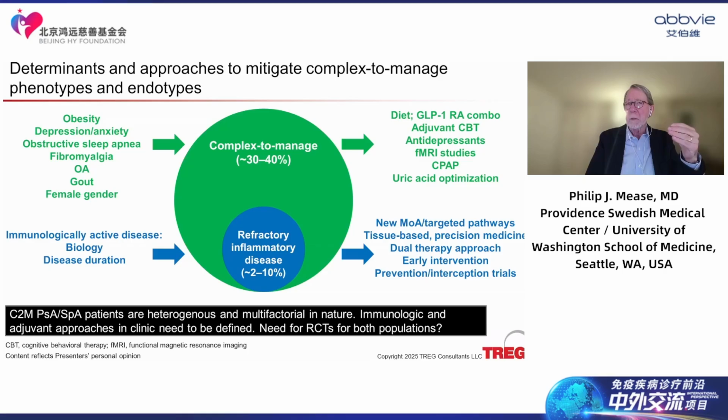What if the patient has no swollen joints, a normal CRP, and one of these concomitant problems? Then maybe we shouldn't automatically switch them to a new immunomodulatory medicine, but instead think about other treatments for these particular comorbidities, like use of a GLP-1 receptor agonist, or antidepressants, and so on for the patients with fibromyalgia, or CPAP for sleep apnea, or uric acid improvement in patients with gout.